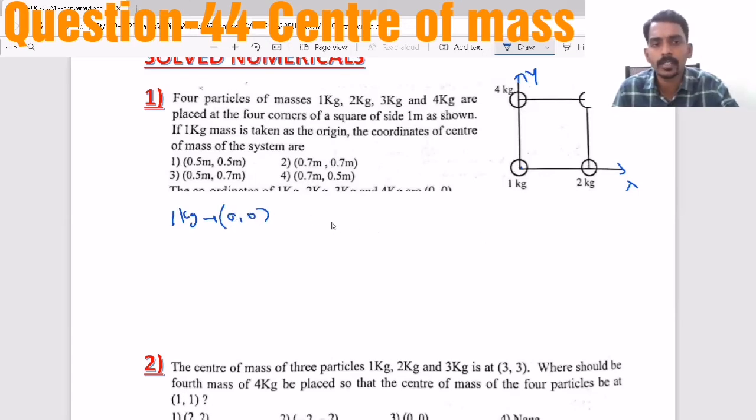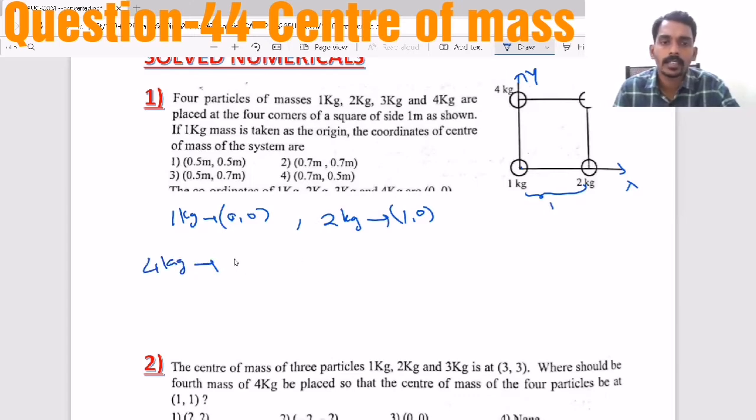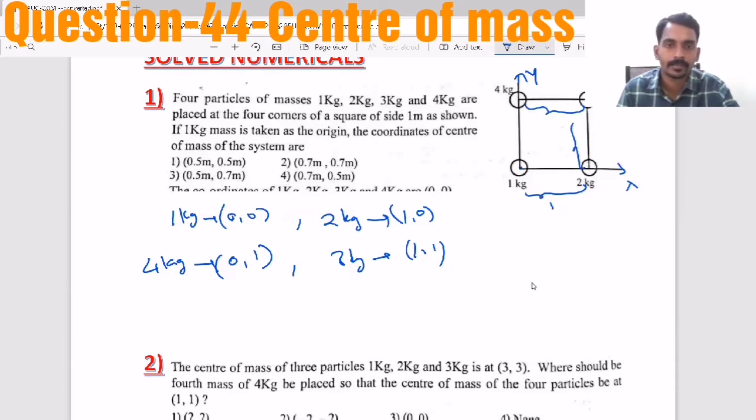It is only the xy plane, so only two coordinates. 2 kg is on the x-axis, so that is 1, 0. Now 4 kg is on the y-axis, so 0, 1. And 3 kg is in the xy plane, so 1, 1.